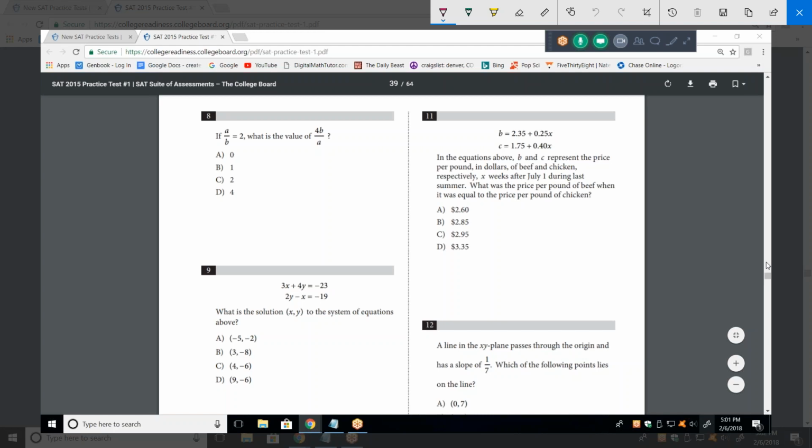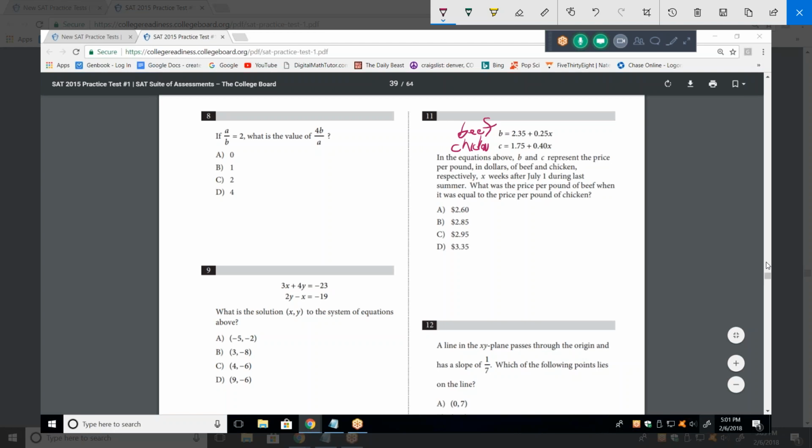So start from the end. The question is, what was the price per pound of beef when it was equal to the price per pound of chicken? Well, what would that suggest we do to those two equations? Put them together? Make them equal. Remember what B is. That's beef. C is chicken.